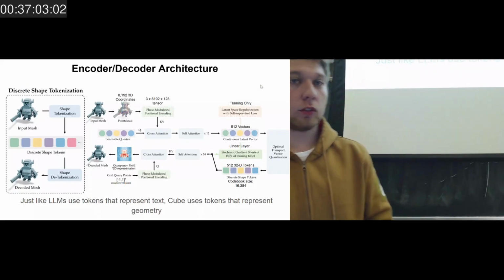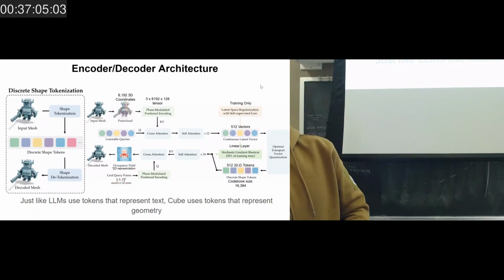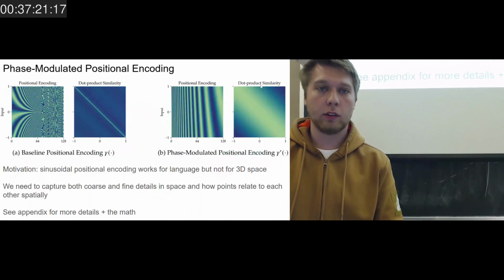All right, so just looking back at the encoder decoder architecture, now we've learned what the phase modulated positional encoding is, not really how it works. How it works is at the end if you want to see that. And then normal attention, and we're going to go into the learnable queries section next, and how it is able to turn into discrete tokens.